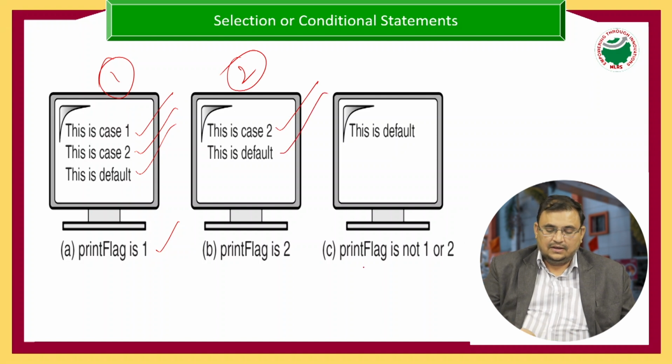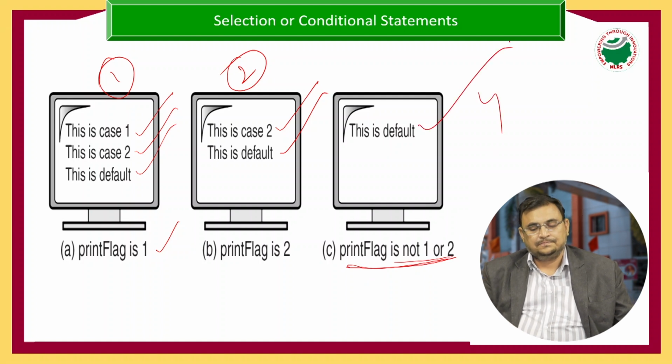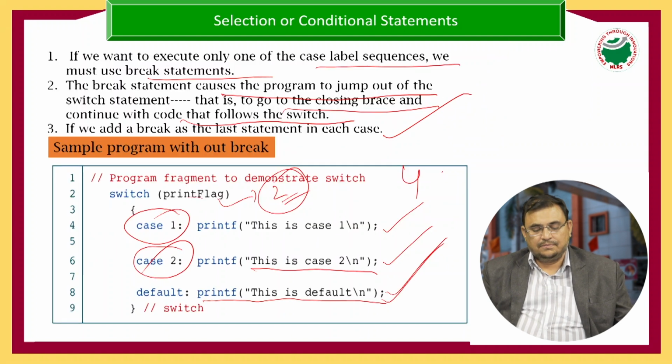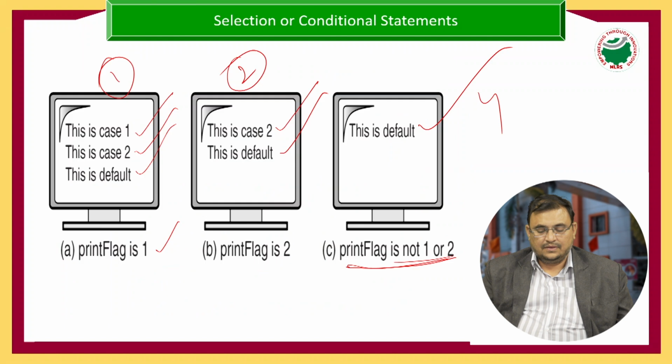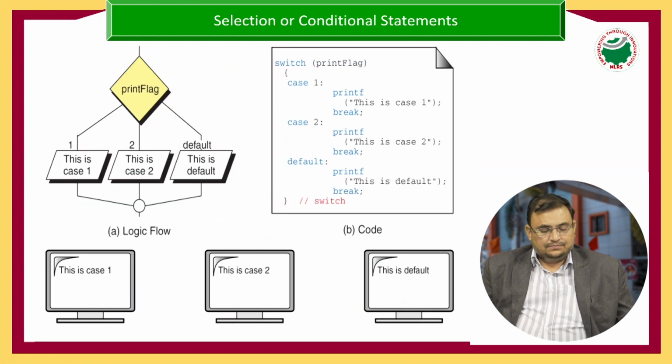If the flag is not 1 or 2, that is 4 you can take, it will directly go to the default case. So this is the output of the switch in this example when the flag values are 1, 2 and 4. Now this is all about switch without break.